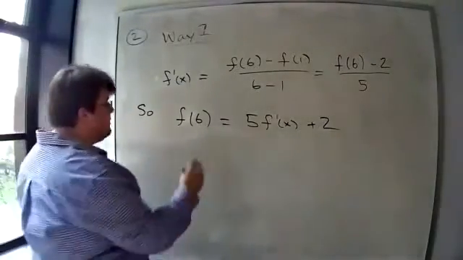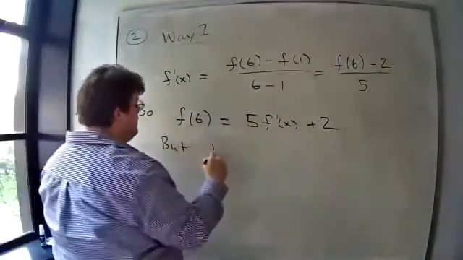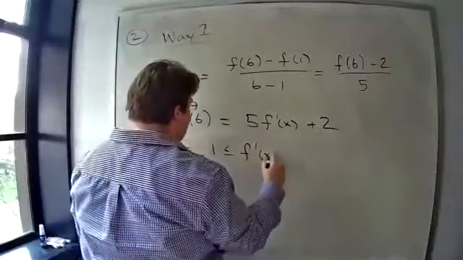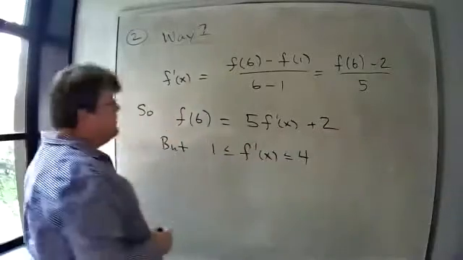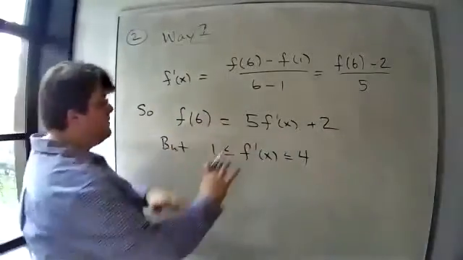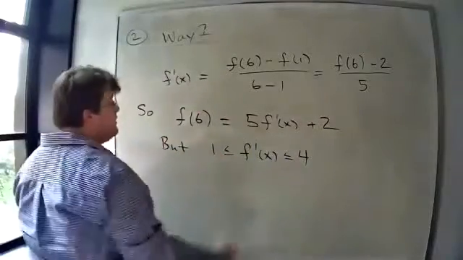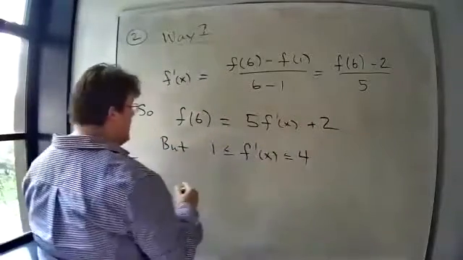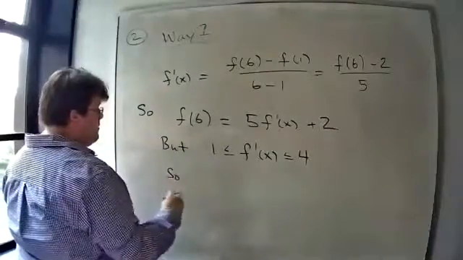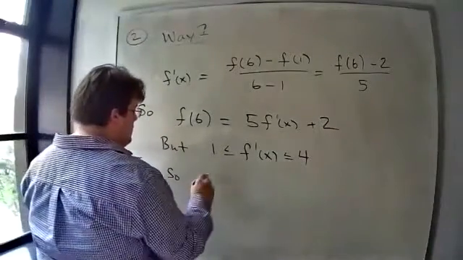Well, now we just use our bounds. f prime of x is between 1 and 4. So the smallest this can be is when f prime is 1, and the largest this can be is when f prime is 4. So how should I write that?